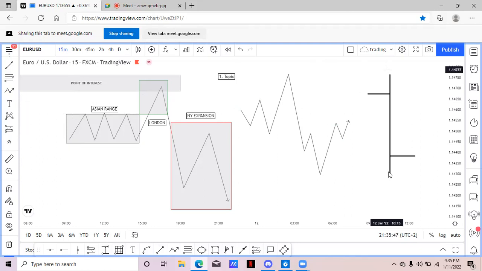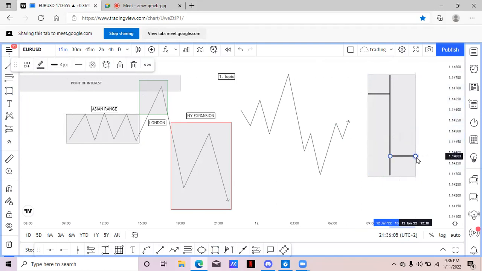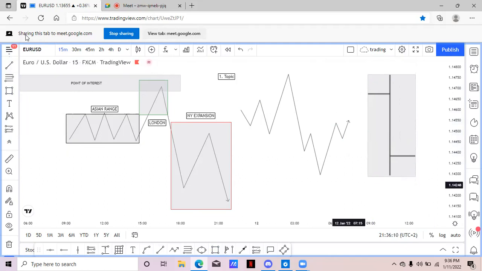More like this here, it's a daily bar candle, a daily bar. So this is how price is delivered each and every day, and this is how we tackle the market with our daily pip cycle strategy.